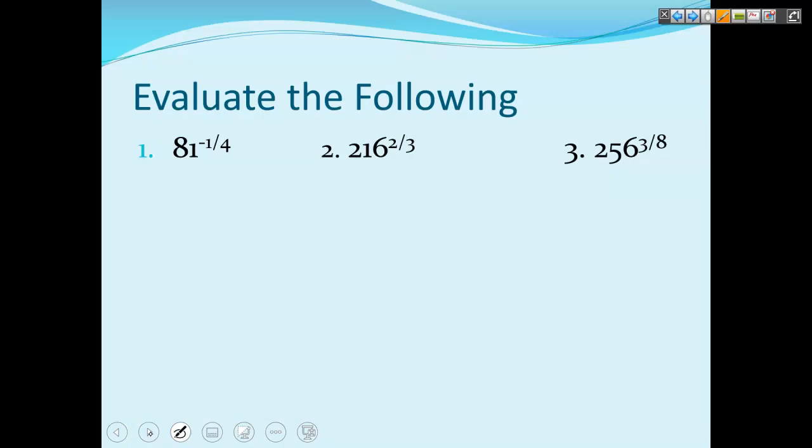Just like we can simplify radicals, we can simplify radicals and rationals in the same way. So if you have 81 to the negative 1/4, we know that a negative drops down to the denominator.